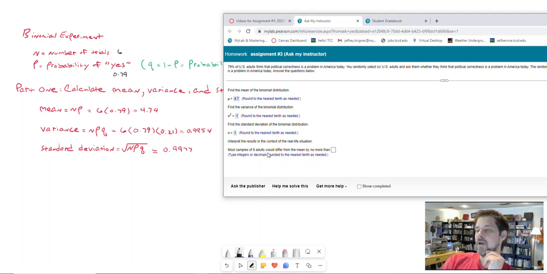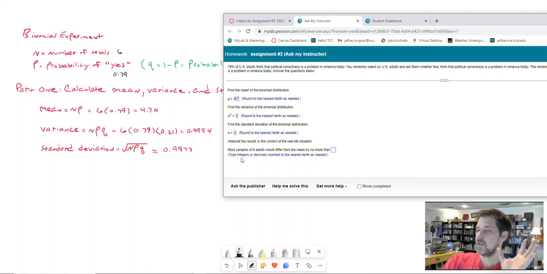I'm given this statement to try and figure out: most samples of 6 adults would differ from the mean by no more than blank. Now, most samples of 6 adults would differ from the mean.